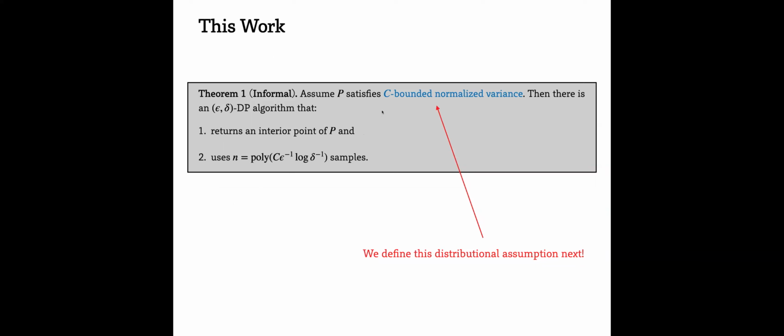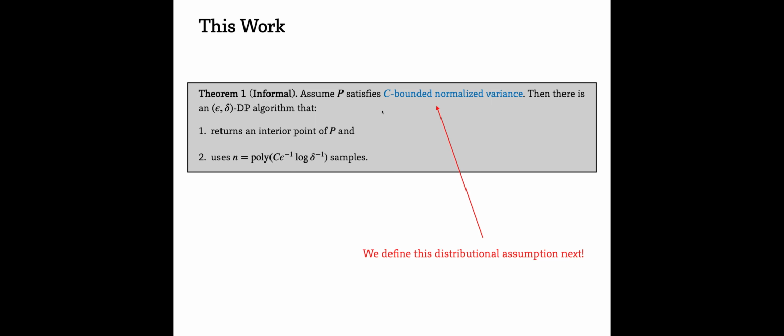I'll define what this means in the next slide, but at a very high level, it's an assumption that's trying to capture a simple statistical property that is held in most natural or real-world distributions. And so what we show is that if your distribution has this C-bounded normalized variance property, then there is an epsilon-delta DP algorithm that returns an interior point and uses only a small number of samples.